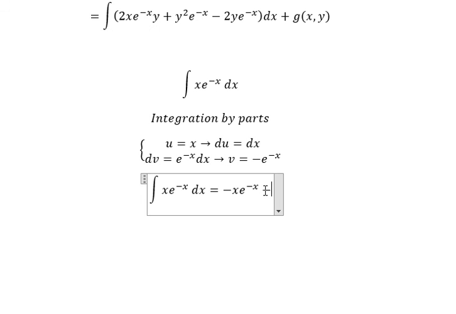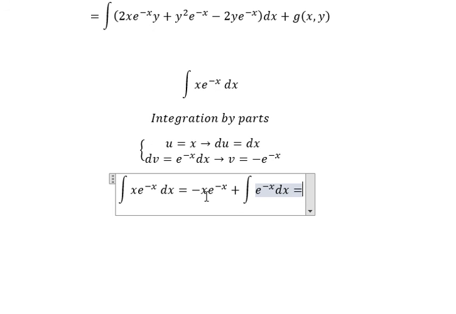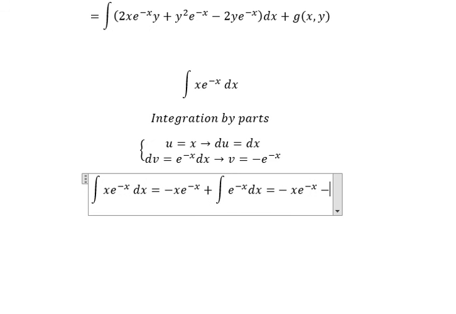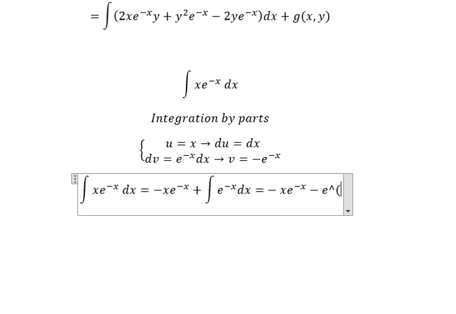So negative and negative, we have positive. So we have the integration e to the power of negative s ds. So the integration of this one, we have negative e to the power of negative s.